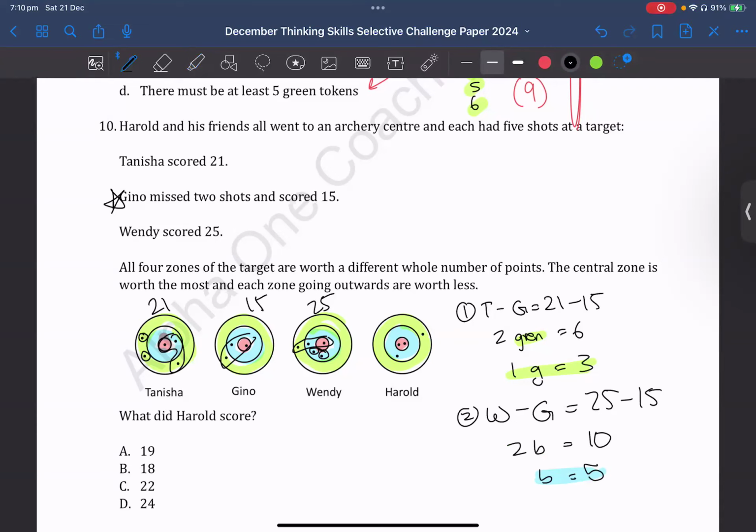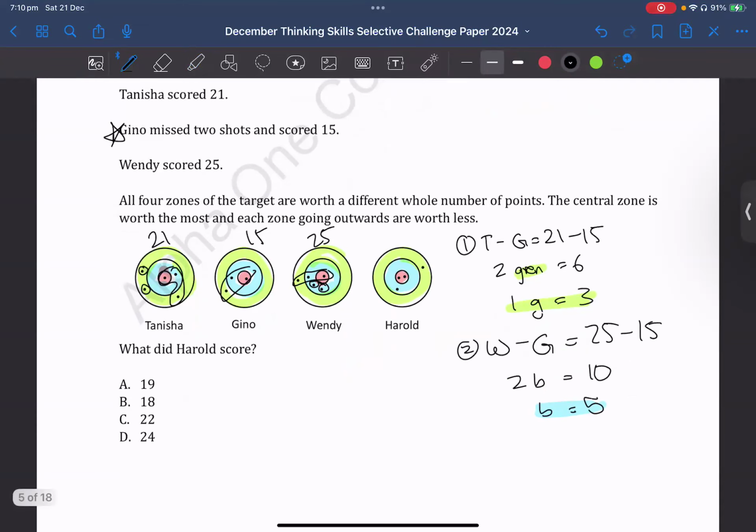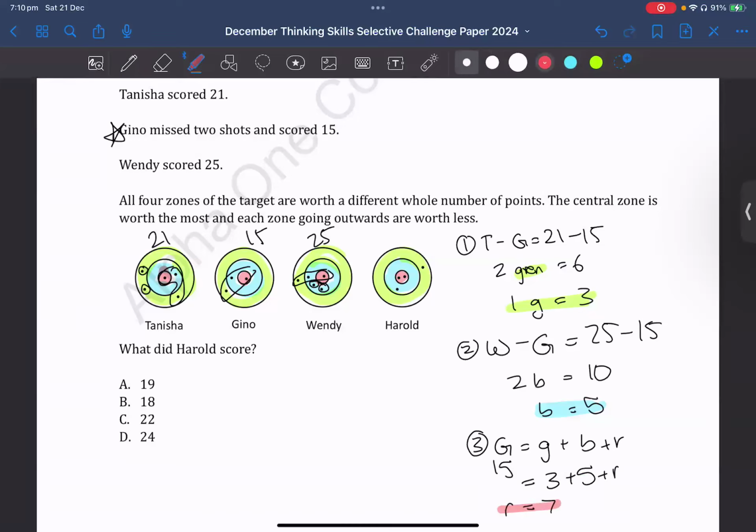And then for the third zone, Gina is equal to green plus blue plus red. And we're trying to find the red one there. So in this case, as we found, it's 3 plus 5 plus the red, which means the red should be equal to 7. And knowing this, we can find what Harold scored.